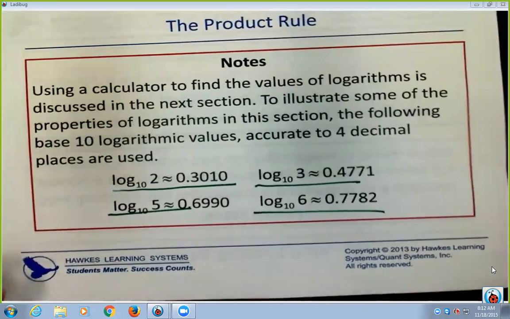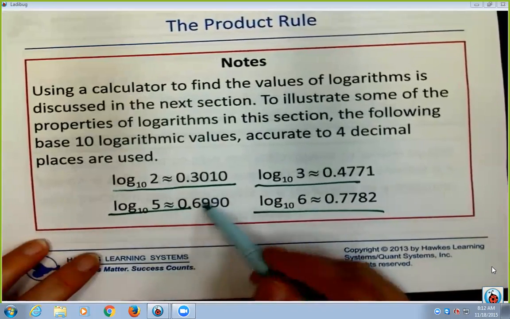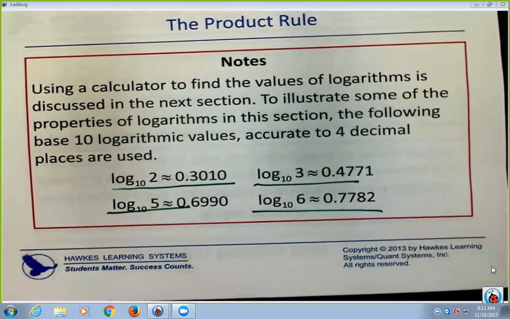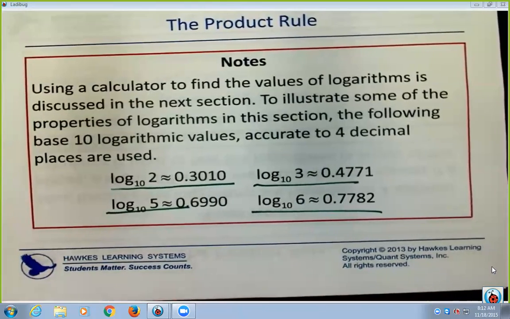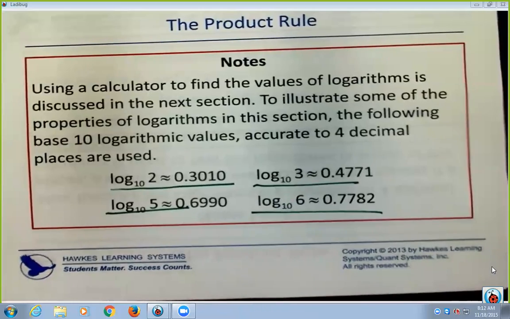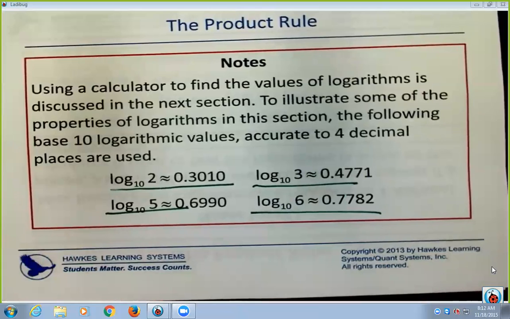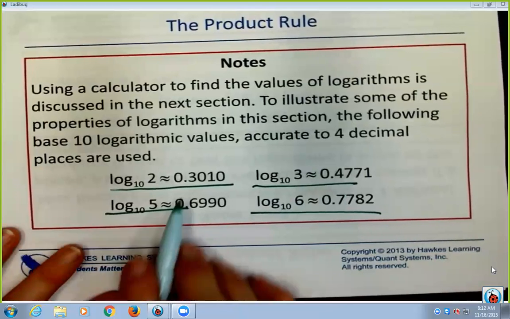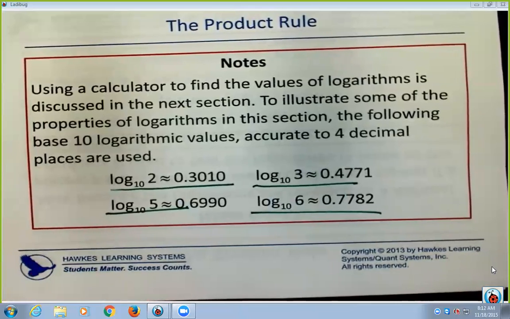In your homework, they will give you values of these and ask you to expand your logarithm out and come up with an answer. These will be posted in your question as it comes up in Hawks. You will see what these values happen to be, and if you're solving one of these, you will plug that value, to the 4th decimal place, in its location. It'll make more sense in a second.